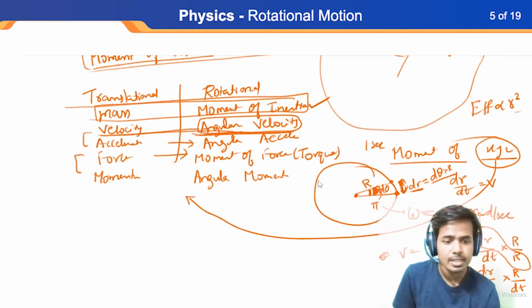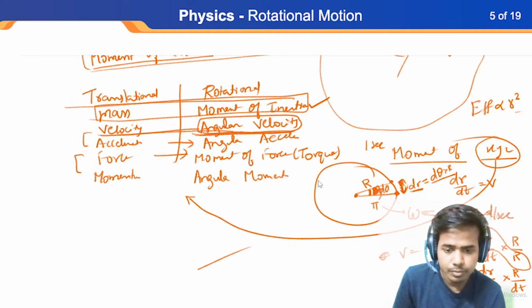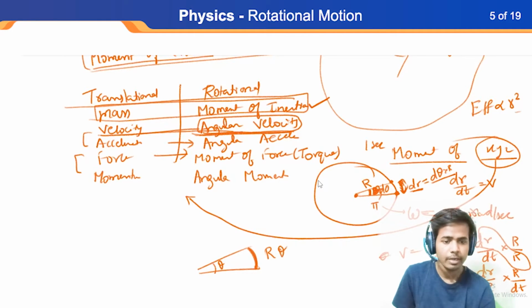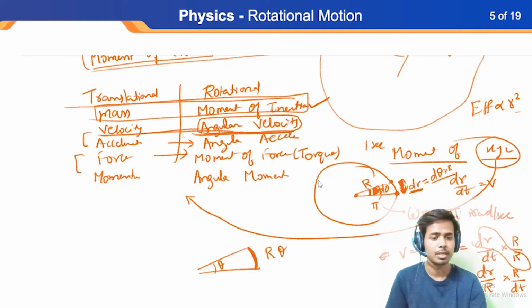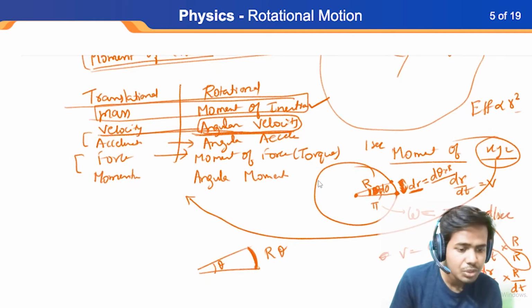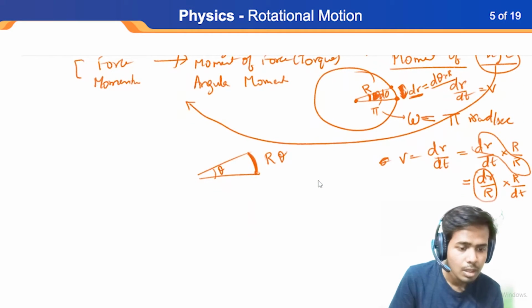Why? Because for any sector, if the angle is theta, the length of the sector is r theta. If I have taken d theta, a very small distance, the length of the sector is almost a straight line, which I have taken as dr, the displacement. So dr by r, where dr is equal to r d theta, gives r d theta by r into r by dt.